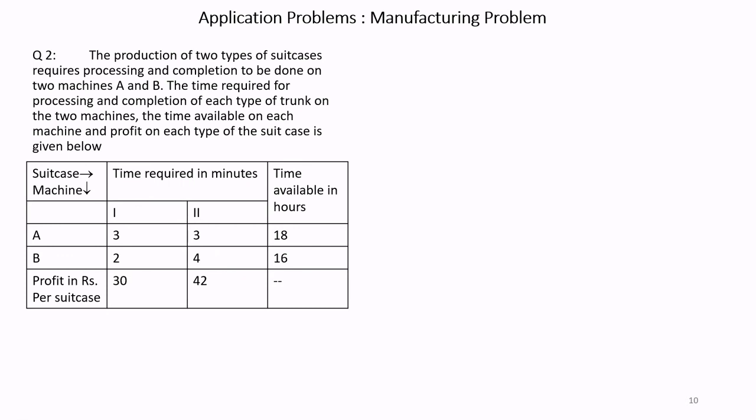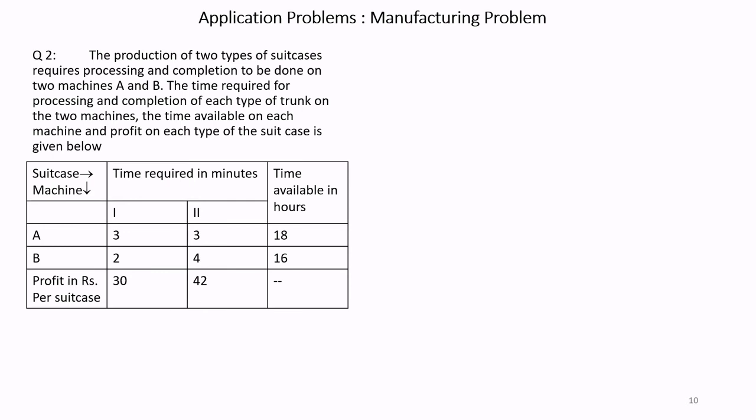Question number 2. The production of two types of suitcases requires processing and completion to be done on two machines A and B. The time required for processing and completion of each type of trunk on the two machines, the time available on each machine and the profit of each type of suitcase is given below.